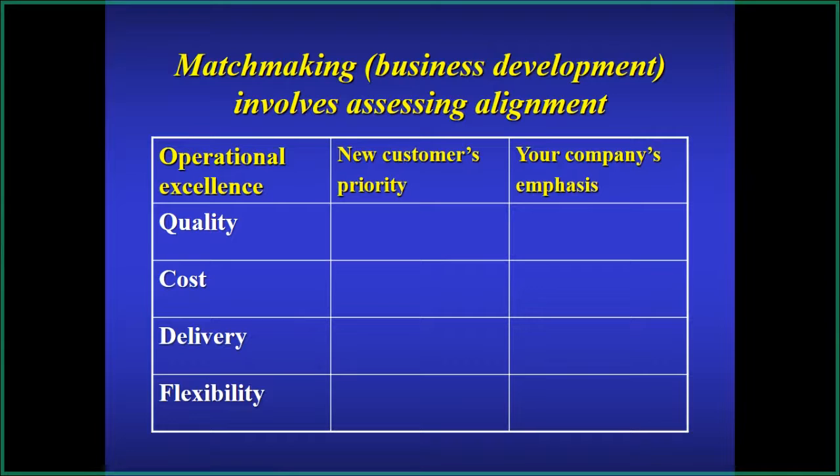And if you're not doing well at matchmaking, ask yourself the question, is there a mismatch between what the customer is looking for and what you're set up to deliver? And if there is, don't waste your time on that particular customer.